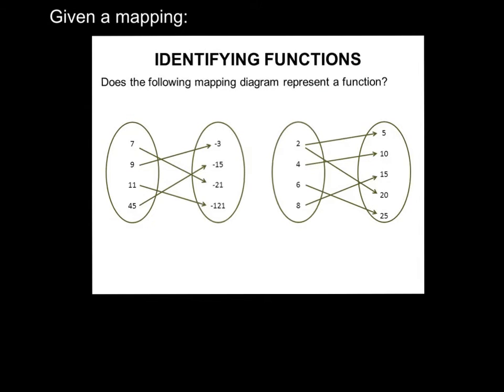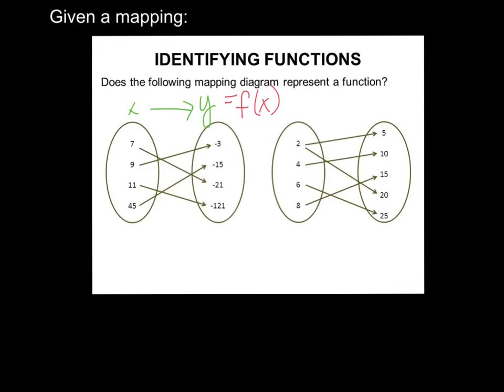So how would you identify a function given a mapping? First of all, we need to understand what is a mapping. A mapping is a simple representation wherein all your values of x are mapped to your values of y, in which sometimes, of course, they would write y as your f of x.